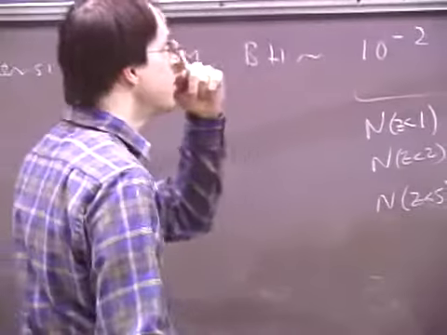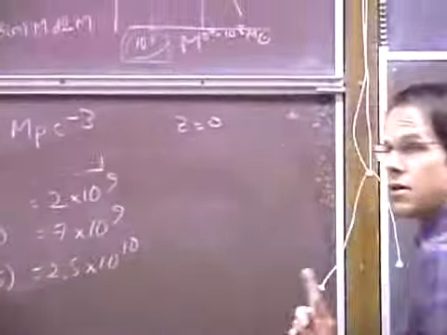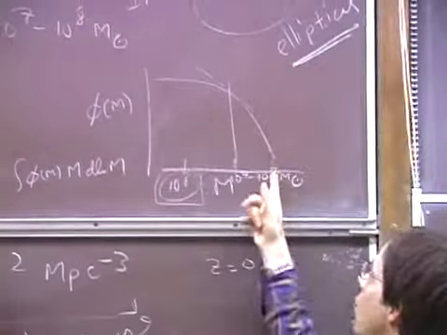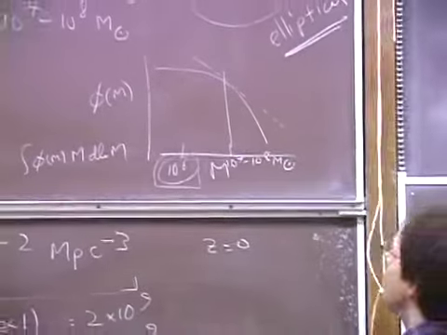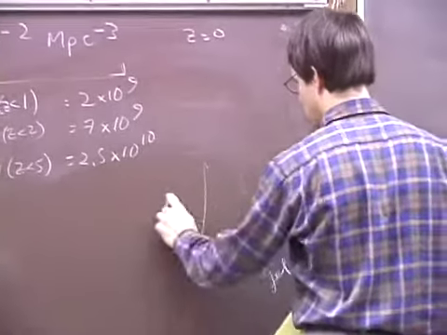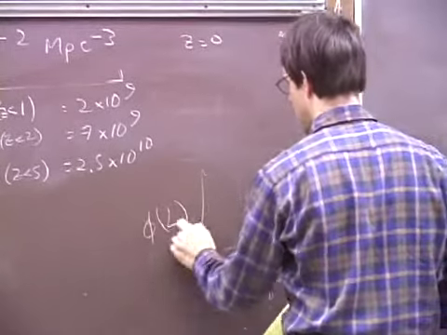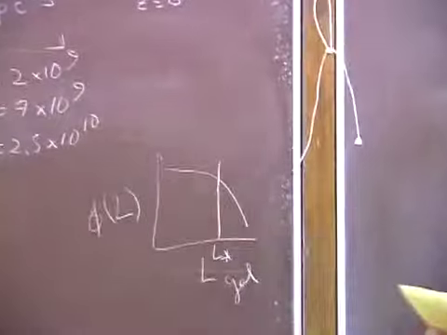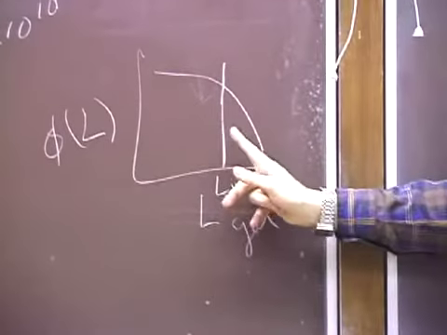Okay, now if you remember that the luminosity function of galaxies looked very much like this. It had slope -1 at the faint end and then dropped exponentially at the high end. And there was a characteristic L star. When that drop happened, L star in the Milky Way is about half of an L star galaxy.